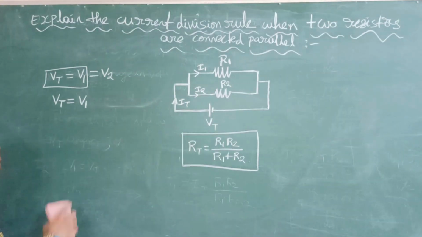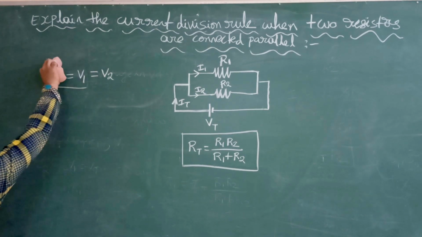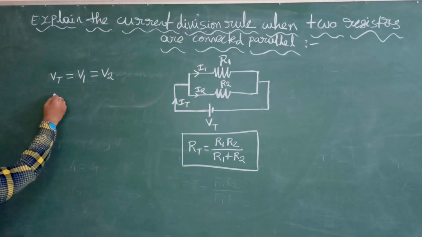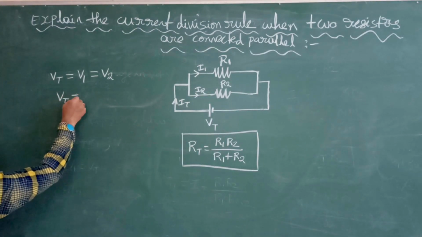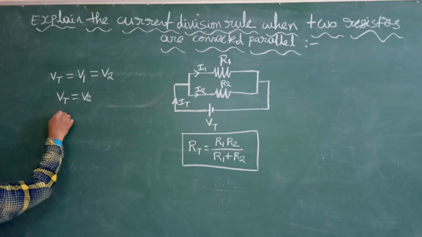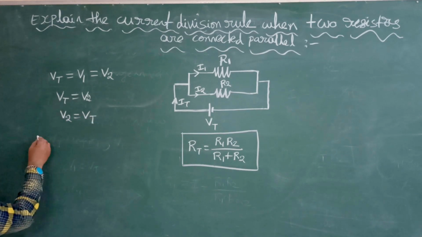In the second case, we take VT is equal to V2, so V2 is equal to VT.